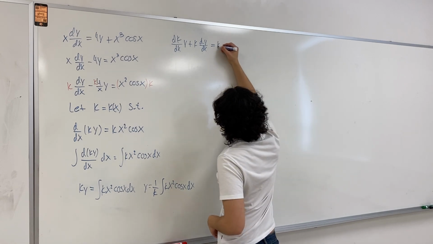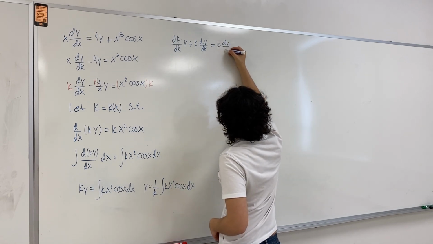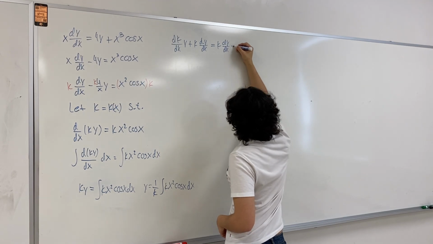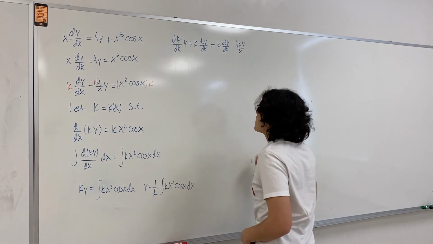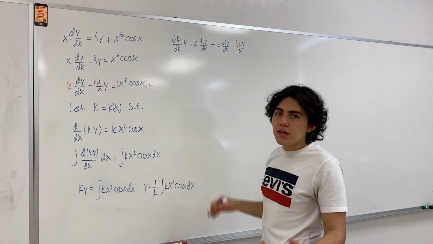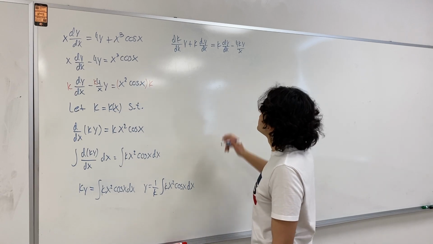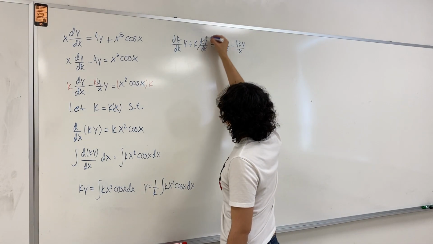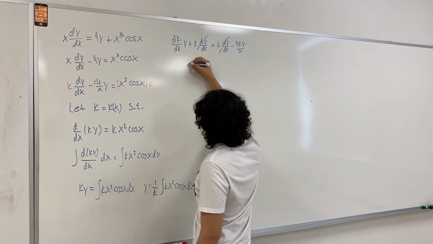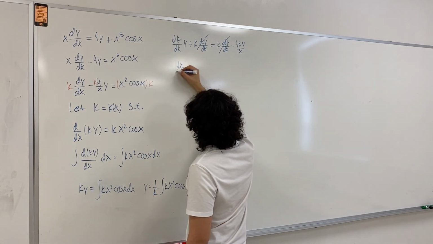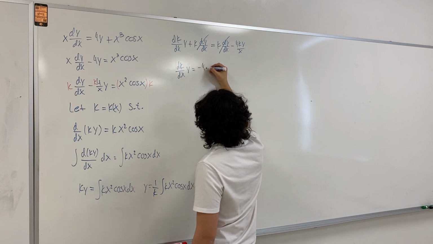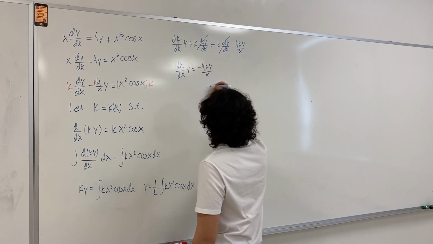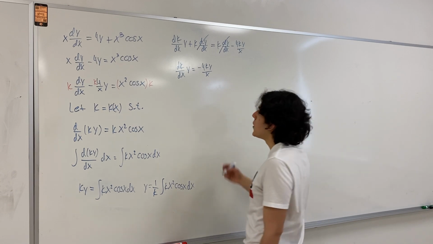So I'm going to write k dy/dx minus 4ky divided by x. Now this is wonderful because we can cancel out a few things. First of all, k dy/dx goes away on both sides. Now we're going to have dk/dx times y is equal to minus 4ky divided by x. Notice we have two y's, the y's go away.